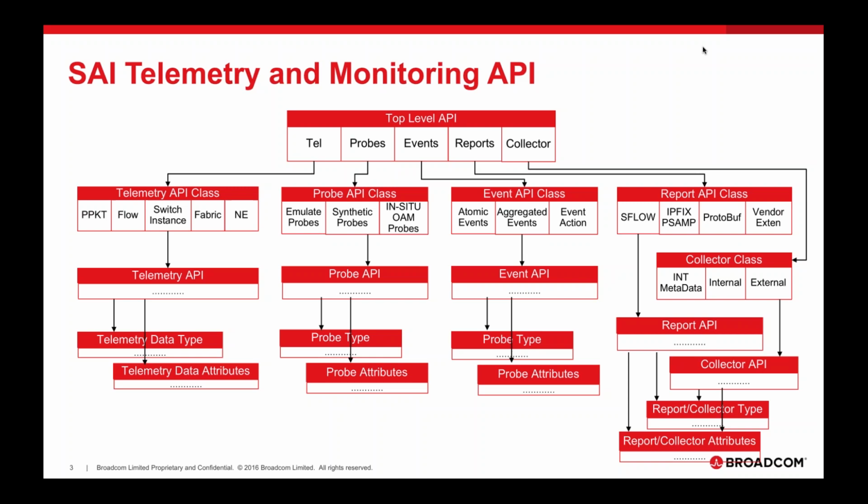We can argue that there is no difference between internal and external as long as it is addressed by IP address and a transport and a port. And I will agree with that too. So that's the collector class APIs. And underneath is a standard framework where the APIs get defined, and associated with the APIs are corresponding types and attributes.